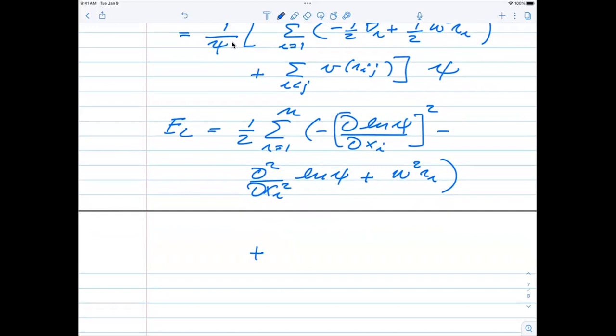What I get is a term which is very simple to add, which is just given by the sum over i less than j of the interaction term of r_ij. This term is also not affected by the trial wave function, because you multiply it with the wave function and divide by the wave function. So the only thing which is affected by the trial wave function is the calculation of the kinetic energy, which is now going to contain these two terms.